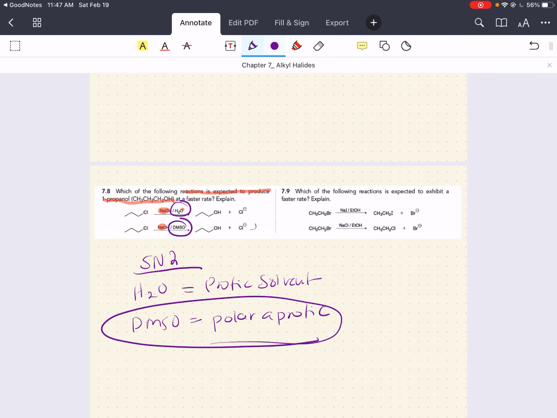So this reaction will happen at a faster rate, and more successfully. Also, what could have been a factor for faster rate is if our starting material was different. Then we would want to see how substituted our alpha carbon is. We don't have to worry about it here, because they're both the same starting material. I'll let you do 7.9 yourself.